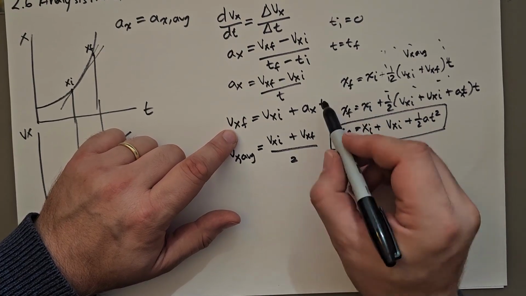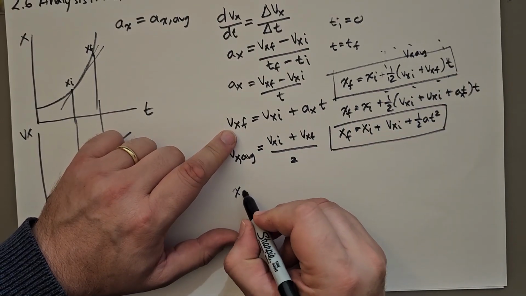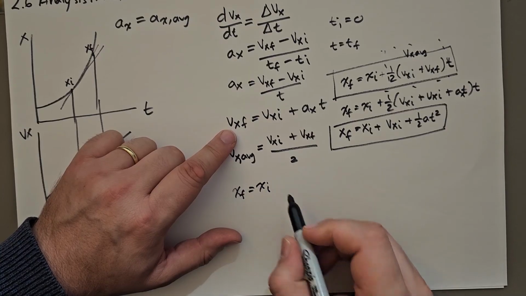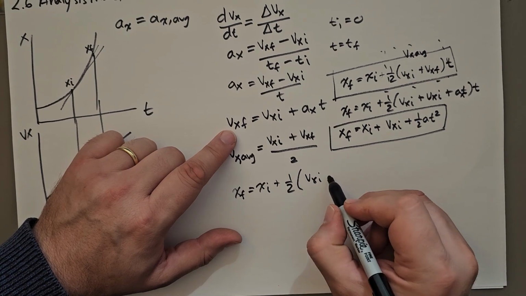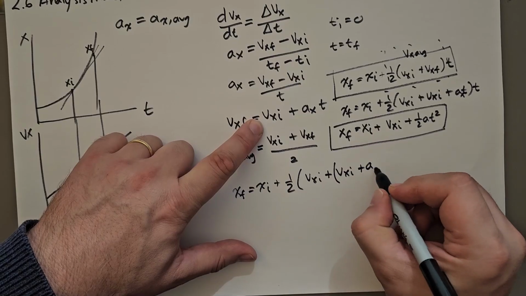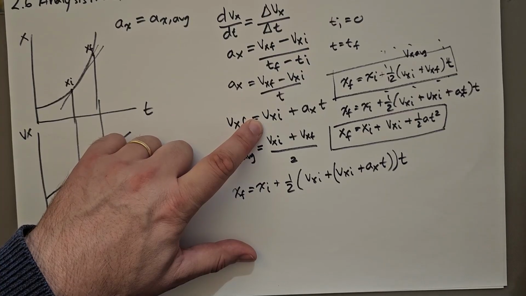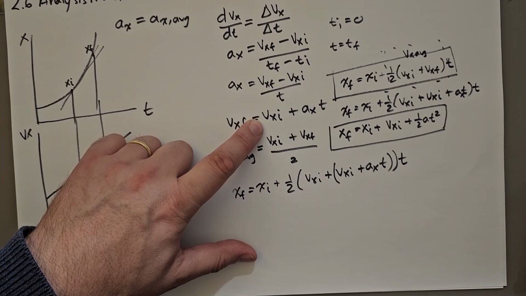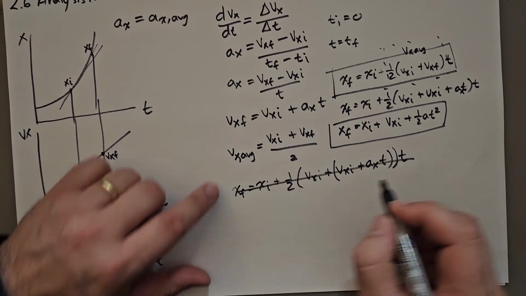So x sub f is equal to x sub i plus 1/2 (vx sub i plus vx sub f) times t. No, they're substituting it in for time. Let's do it again. Sorry.